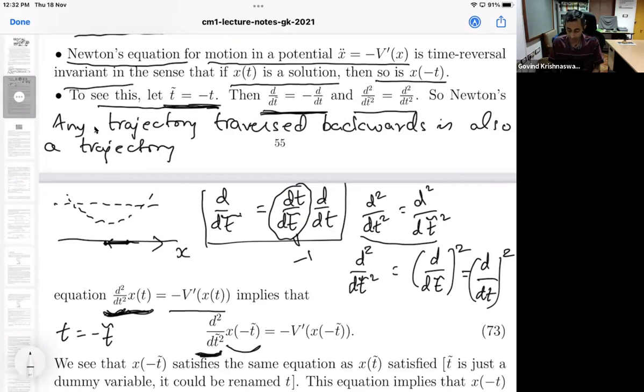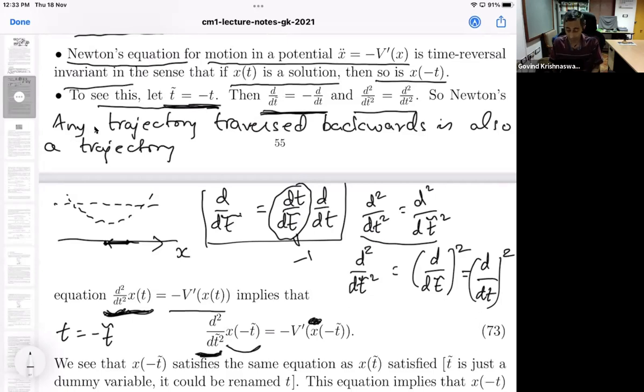Right hand side minus v prime of x of minus t tilde. There is only one x, x of minus t tilde, because t has been replaced with minus t tilde. The prime is with respect to x, not with respect to time. So that has not changed.